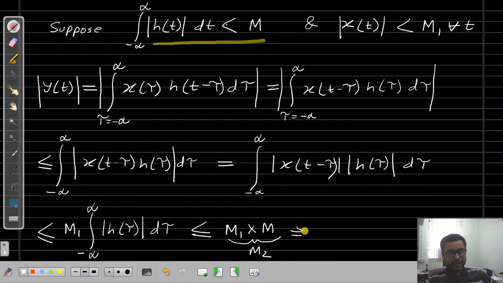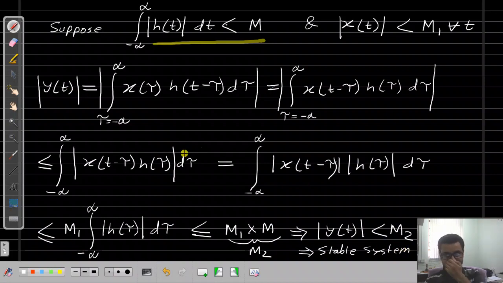So this implies that the mod value of output is always less than a number M2. So we started from the assumption that this integration is finite and have proved that this system is stable because output is always bounded.